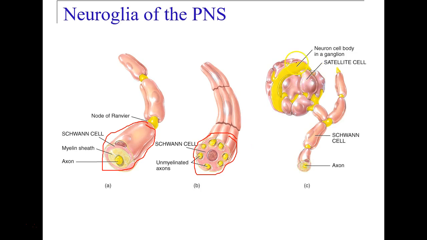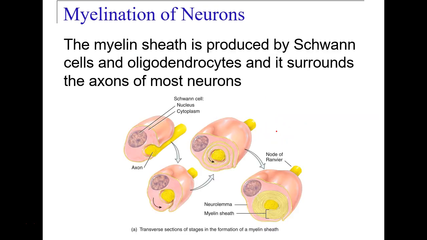Satellite cells, you can see they are surrounding the cell bodies. This is for protection and regulation. How we produce that myelin sheath: a Schwann cell comes in contact with an axon. We slowly start to wrap around that axon within the cell.